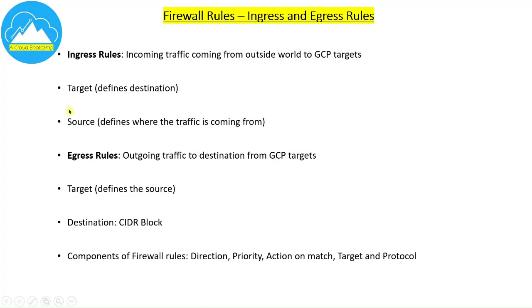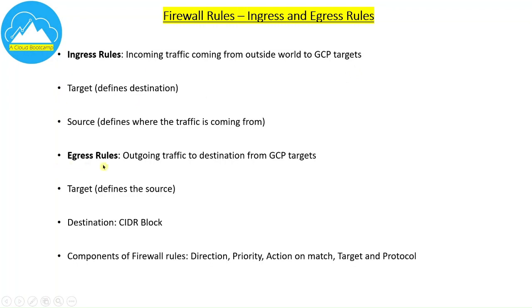And the source defines where the traffic is coming from. So remember these two terms for the ingress rule. Incoming traffic comes from the outside world, which is the source, and it hits the GCP targets like virtual machines, which is the target that defines the destination.